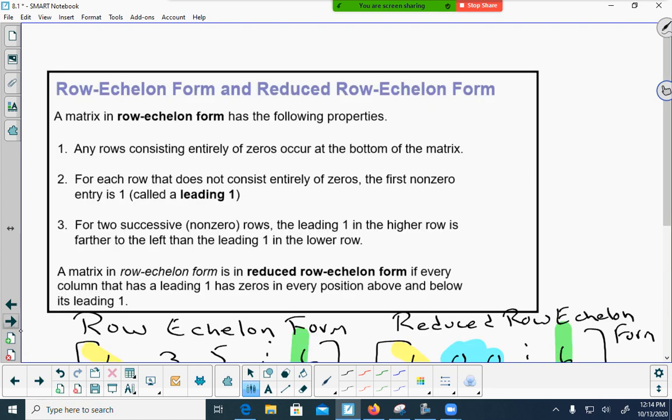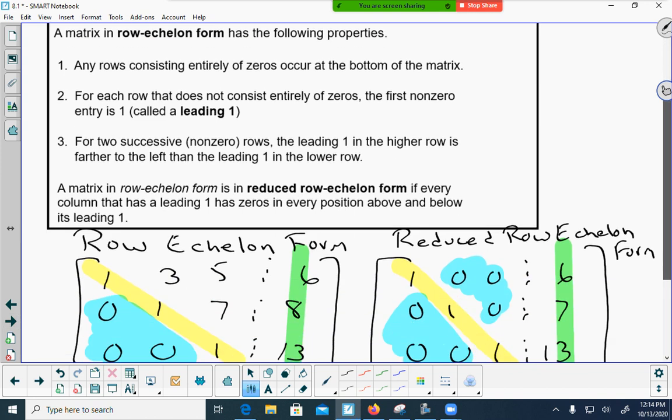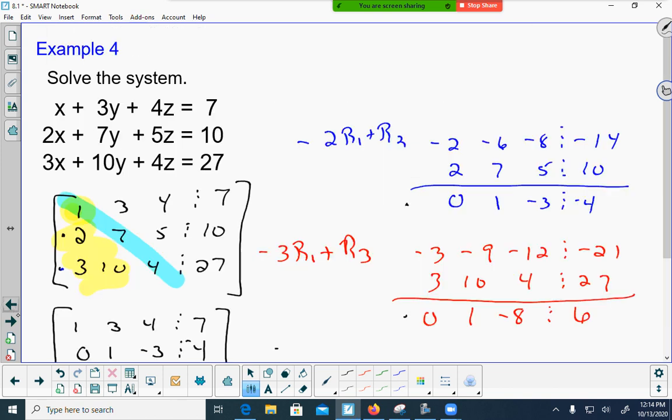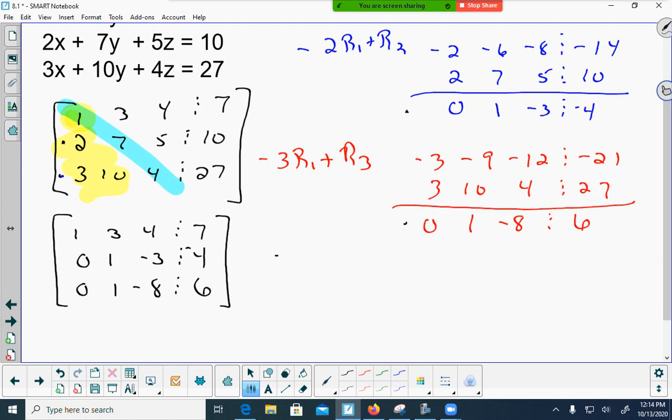Now see, when we were putting this in row echelon form, you see how the first column was a 1 followed by 2 zeros? See how right now in this problem I have a 1 followed by 2 zeros in my first column? So that first column is done. You good? Since the first column is done and I have these 2 zeros here, when I go to fix row 2 and row 3, I'm not going to want to use row 1 again, because if I use row 1 again, I'm going to mess up these zeros because of that 1.